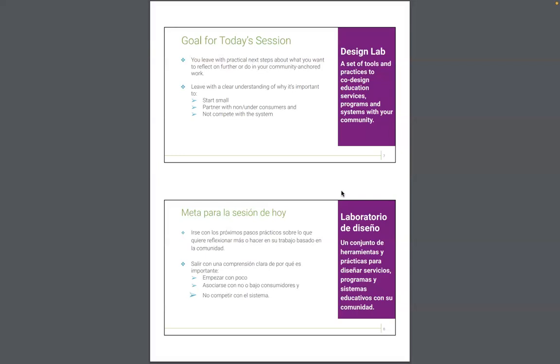I do want to say that Design Lab is a culmination of a decade of human-centered design work at Reschool, and that we do not do this in isolation. If you go to our website on Design Lab, you will see a long list of people that both have informed Design Lab and that have tools that are complementary to it. What I would encourage is that you think of Design Lab as a canvas that has some foundational tools for you.